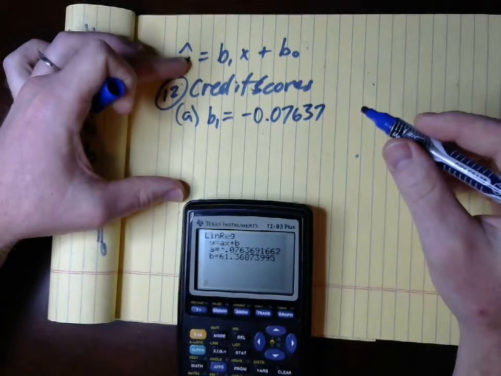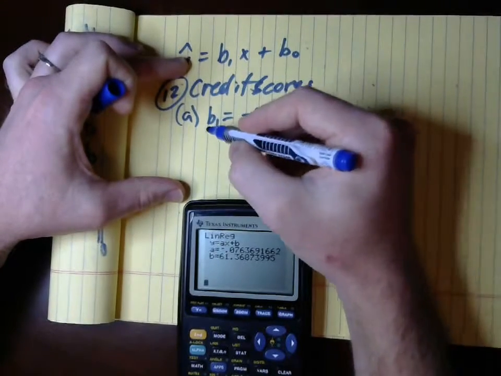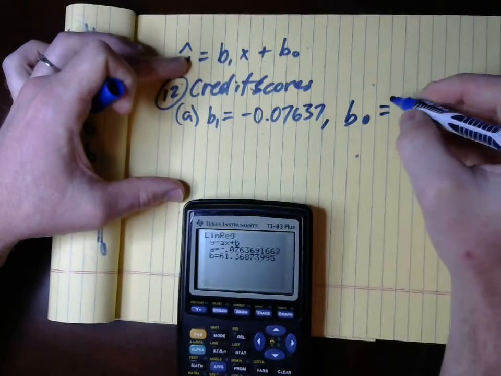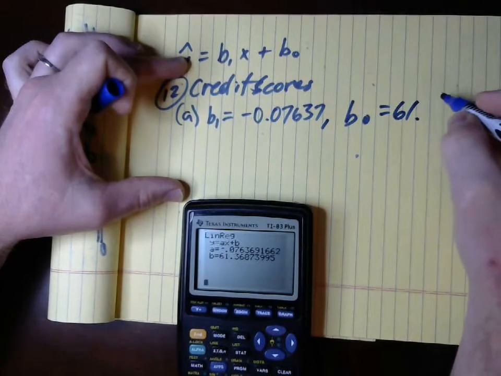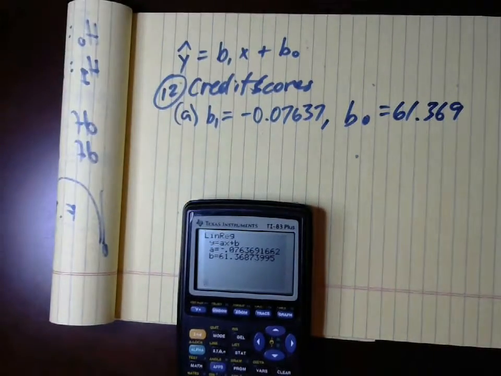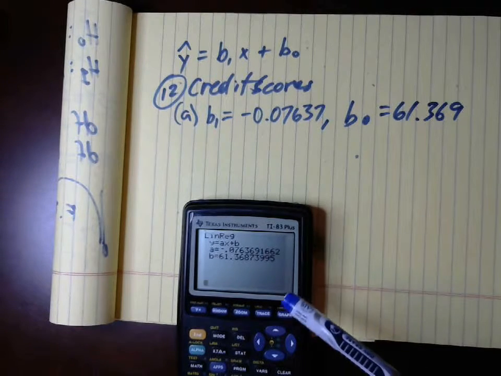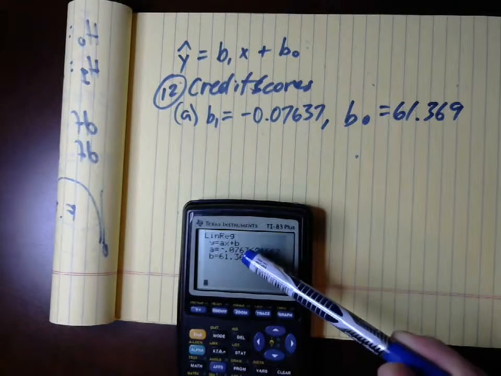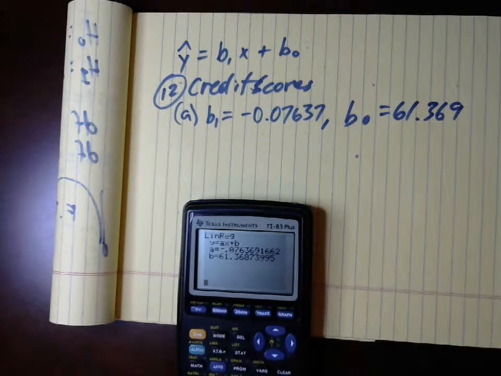And then we have beta0, which is equal to 61.369. Okay, so there we go. We found the estimates of beta1 and beta0, and that's based off of the sample. These are the best estimates of what they are, based off the linear equation using those data values.